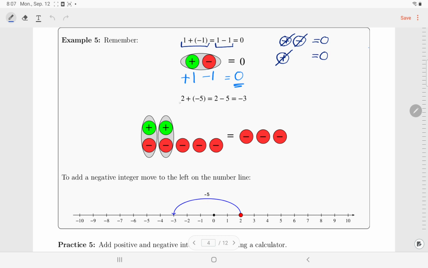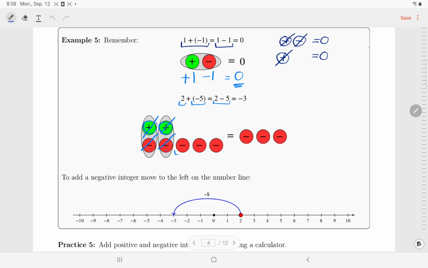Let's look at the example 2 plus negative 5, which is the same as 2 minus 5. 2 plus negative 5, we start with 2 positives, and then we add 5 negative signs. Remember that positive 1 and negative 1 cancel out.